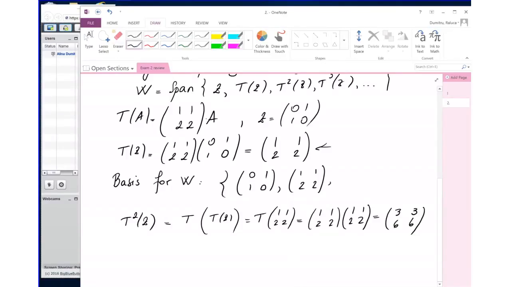All right, so I get 3, 3, 6, 6. If I place it in, it becomes dependent, because it's 3 times the previous matrix, so I cannot place it in. That means I close the bracket here and I'm done. The T-cyclic subspace has dimension 2, and that is the basis.